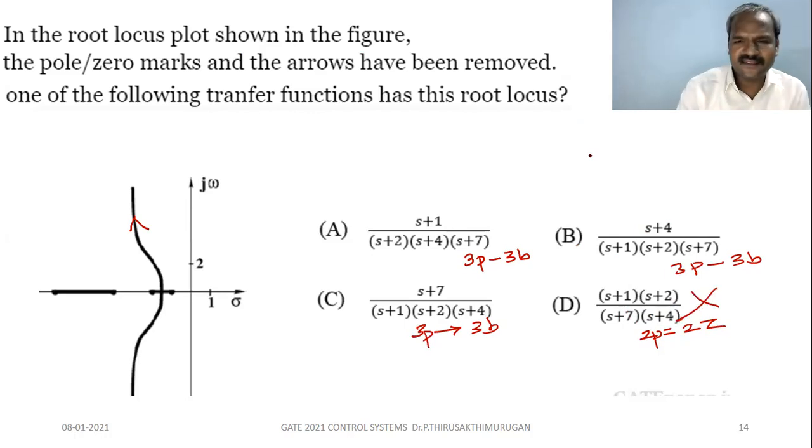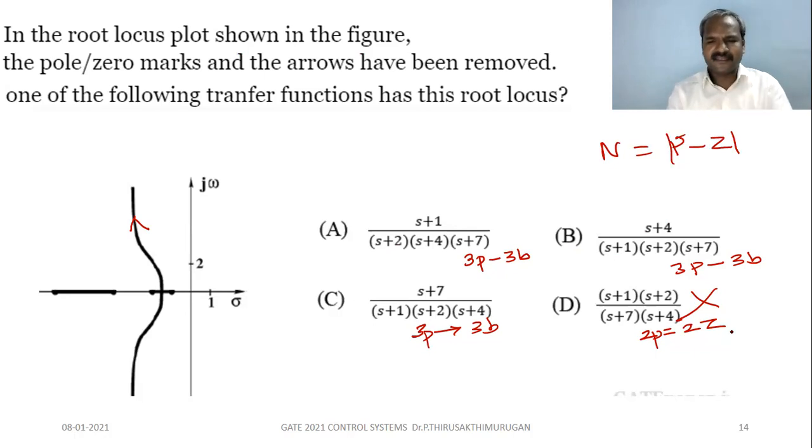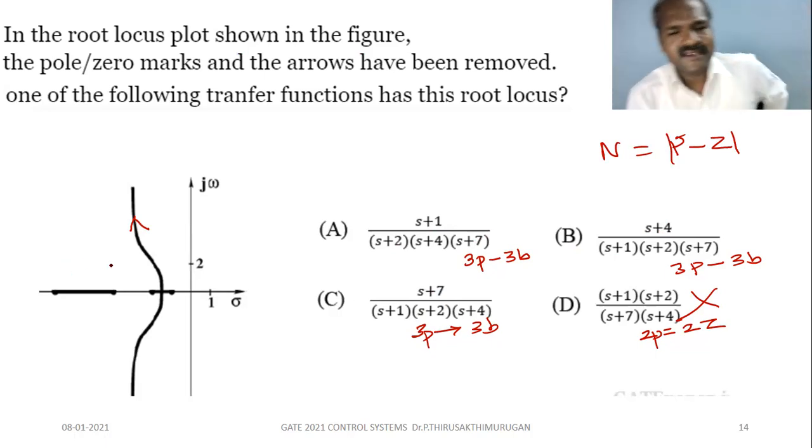The condition is n equal to p minus z. Understood? So number of branches equal to p minus z. So option D does not come into the picture. Apart from this, all the 3 G of S have 3 poles. Now see how many branches are here.